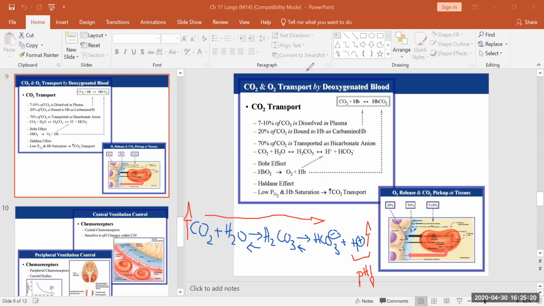Now let me use another color. Let me erase this, and use another color to highlight the concept, black. If CO2 now drops, then it creates the opposite direction.